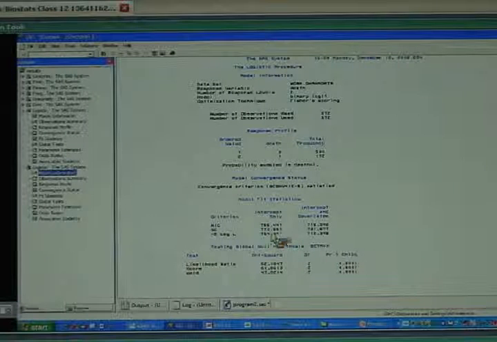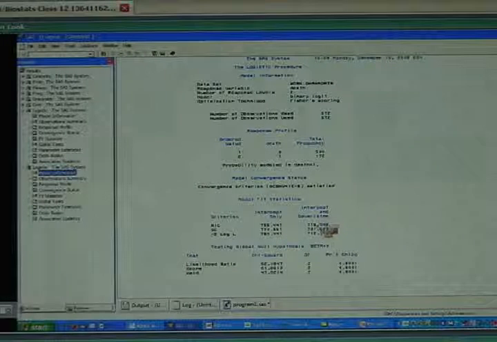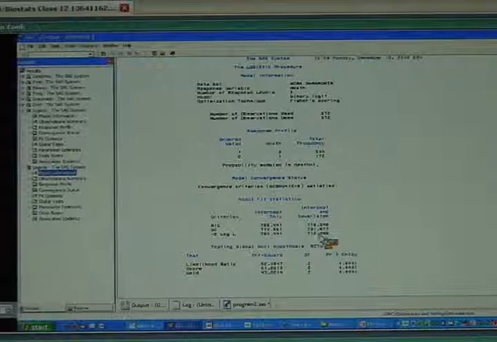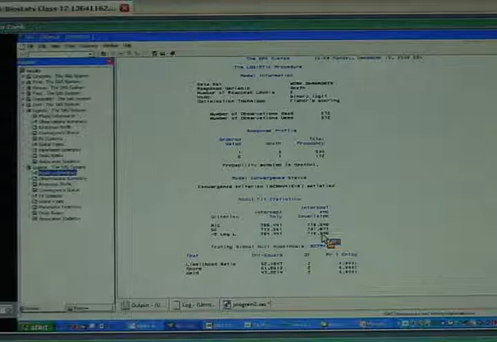And notice the value for the AIC for the model with the intercept only is 766.441. It's 2 points higher than the -2 log L value. Notice for the model with the intercept and covariates, the value for the AIC, 718.346, is 6 points higher than the -2 log L.